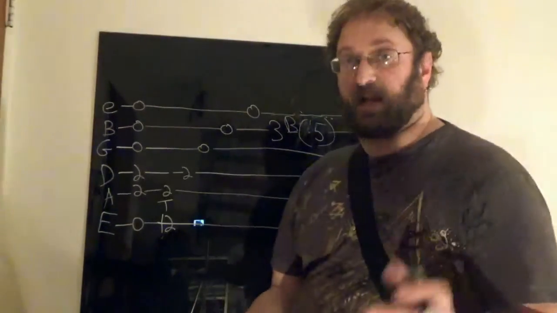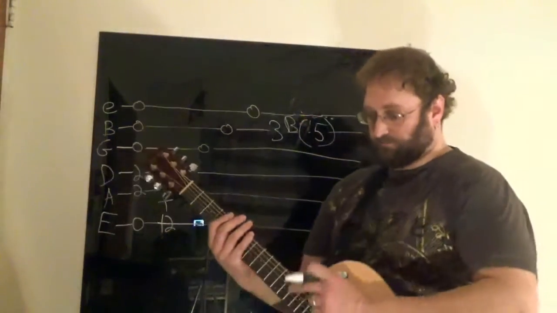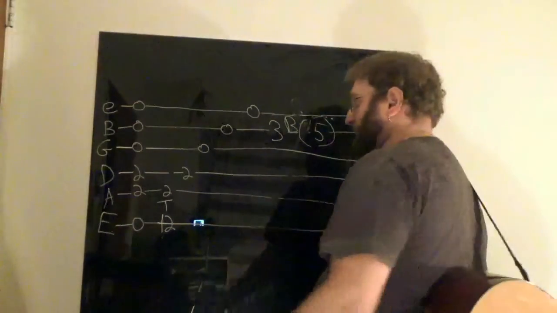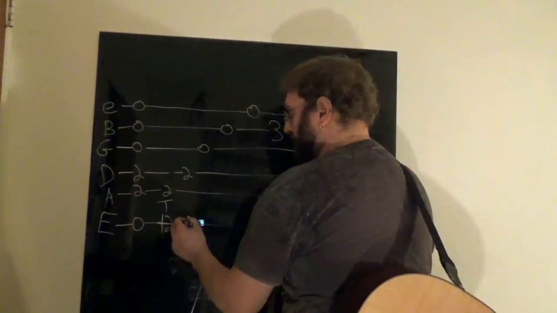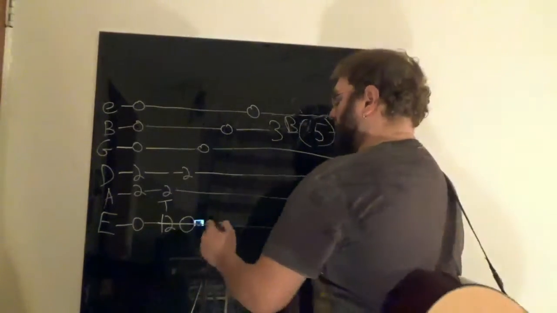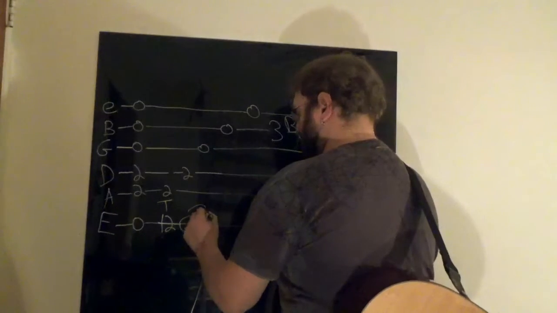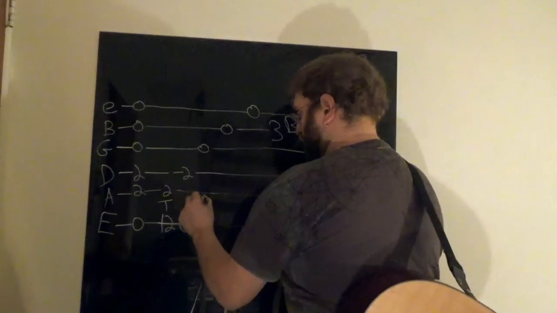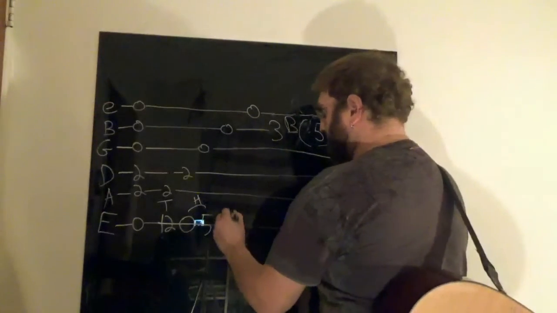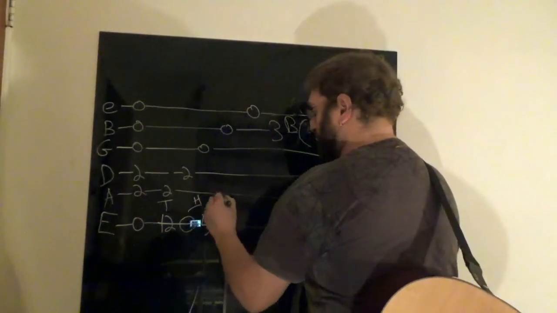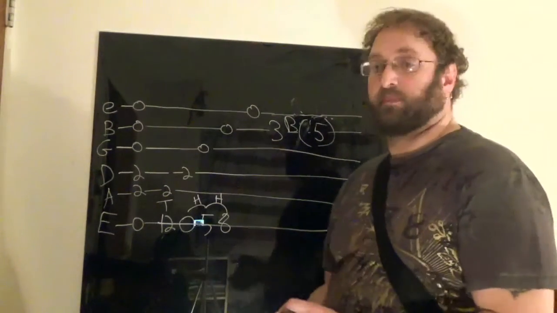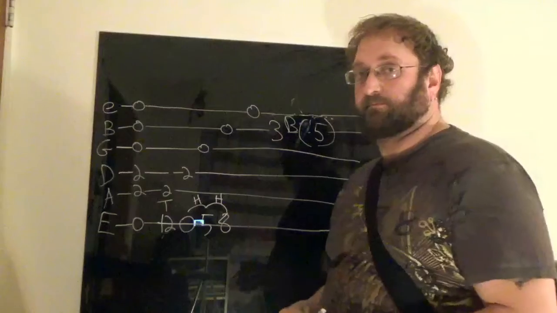The little thing that I was just doing was like that. So it was 12, and the tap went right to an open E, and then it was a hammer-on to the 5th fret, and from there, another hammer-on to the 8th fret, and then I just repeated that.